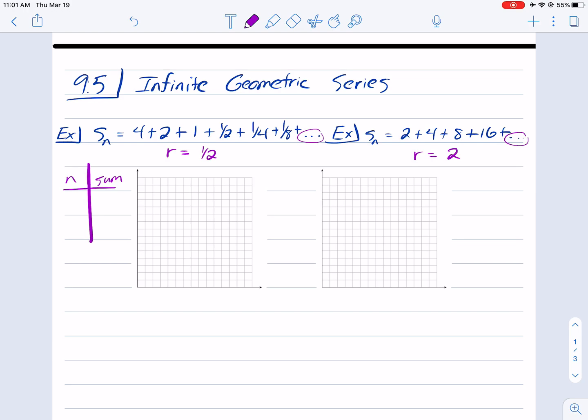And in that table, we're going to have n, which represents the number of terms, and then the sum for whatever the sum is for that given number of terms. So let's make a table for both of these over here.